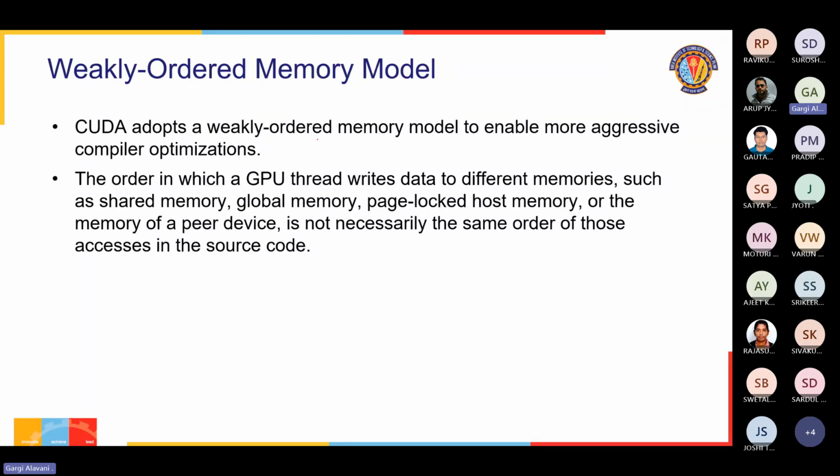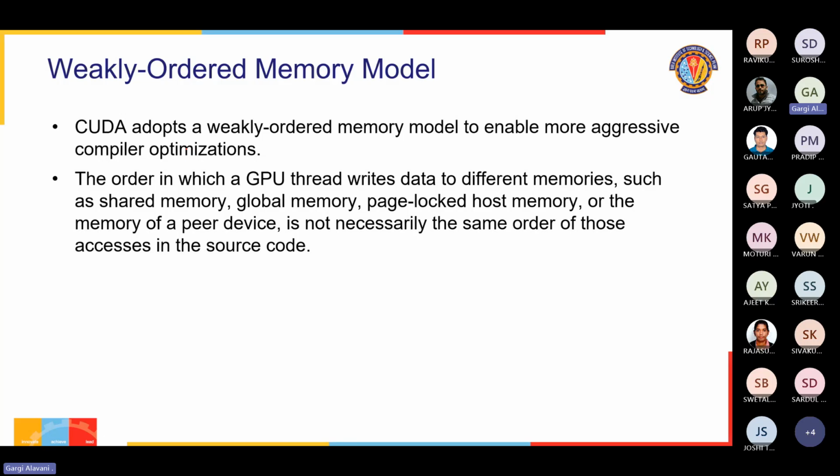CUDA opts for a weakly ordered memory model, which means that it does not control in which order the updates happen to the memory, or that if some read is happening, then a write should not happen. These rules are not applied specifically for CUDA.